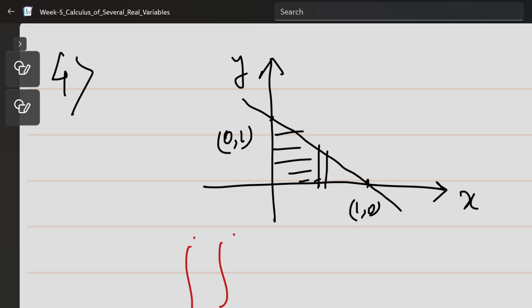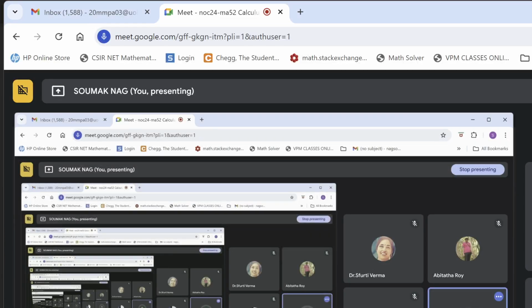So tell me how to find this limit. Do you know or should I repeat? Should I tell one for one problem? Are you able to hear my question?